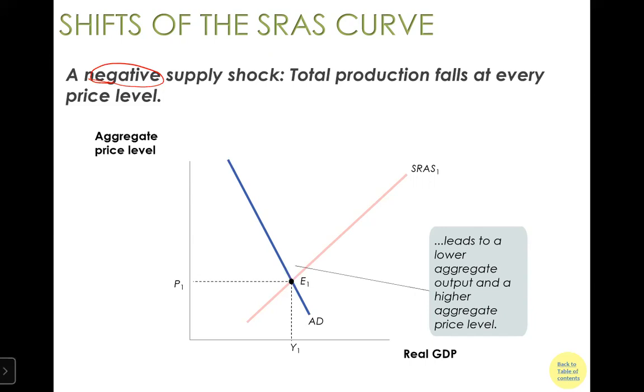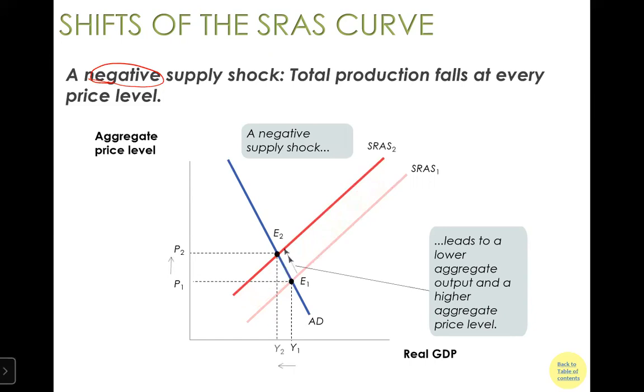Okay, so here I'm talking about computer chips, right? So this negative supply shock will move the aggregate supply to the left-hand side. Now similarly, we compare the equilibrium. We are going to see the price increase and GDP decline. Okay. Another example of a negative supply shock is back in 1970.